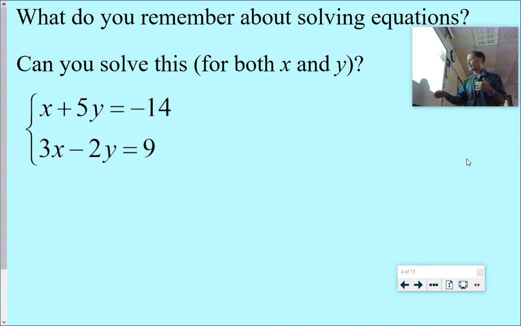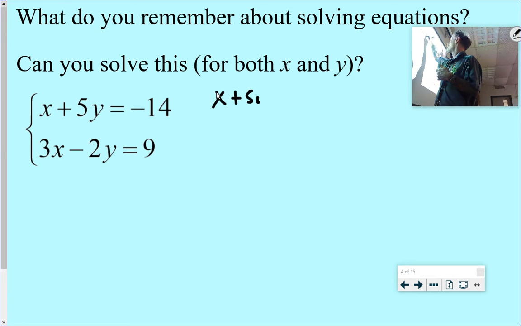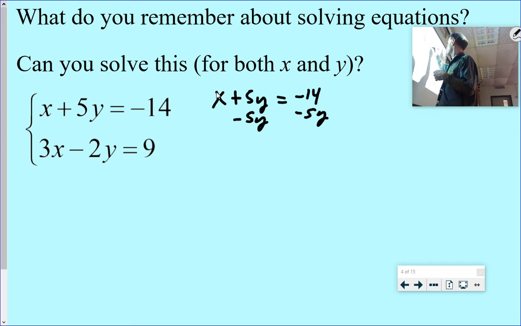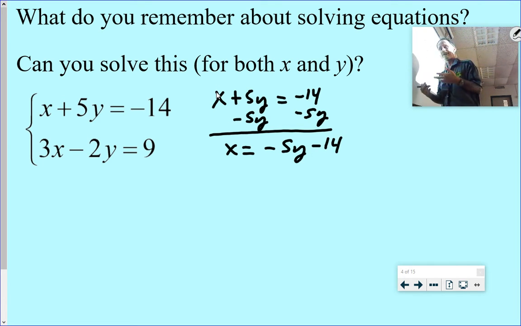If I rewrite that, I have x plus 5y equals negative 14. If I want to get x by itself, I can just subtract 5y from both sides, and I have x is equal to negative 5y minus 14. You can also write that as negative 14 minus 5y.